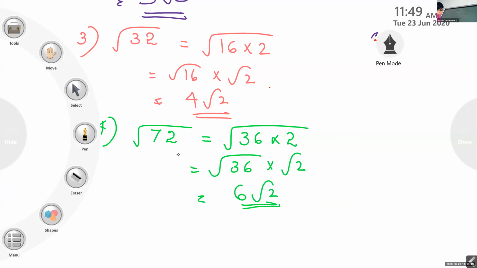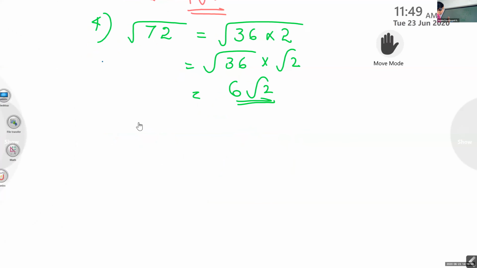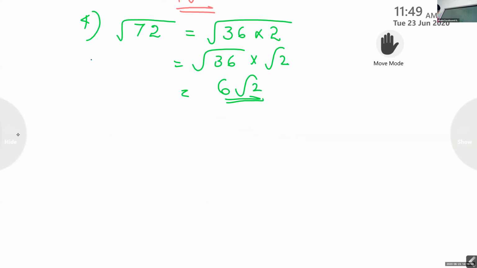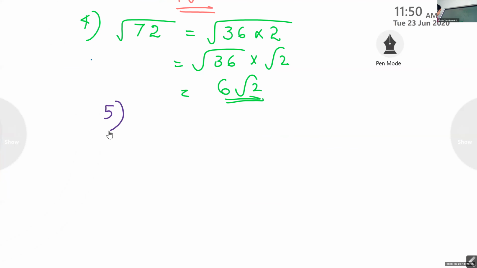Next question is, I'll move the board. Fifth question is root 8. This root 8 we are using always.